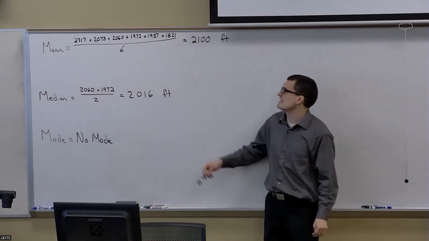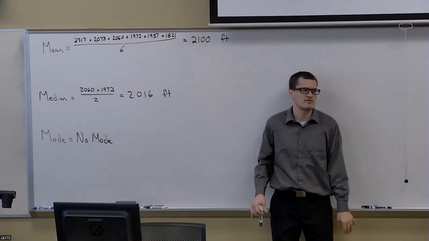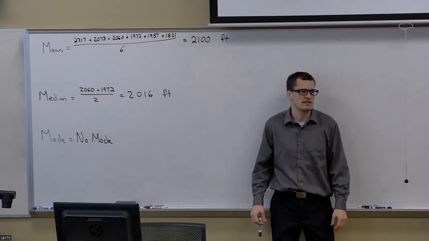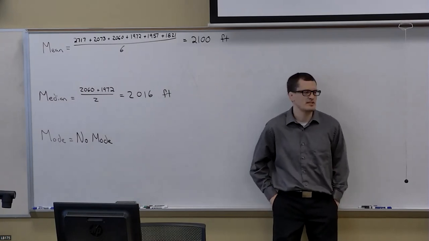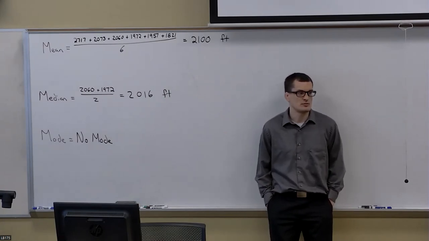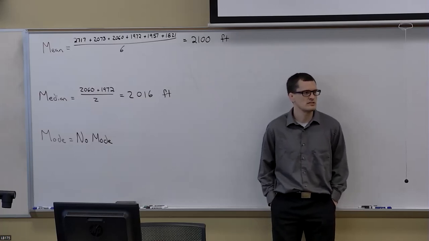Now, as you can see, in this mean and median there's not that much of a difference, not as big as the difference in the salary data set we looked at to begin with.